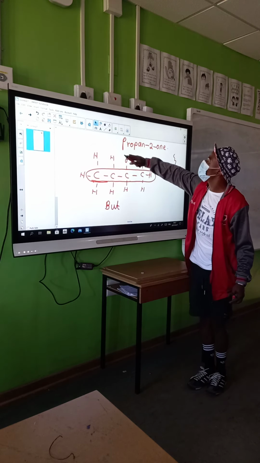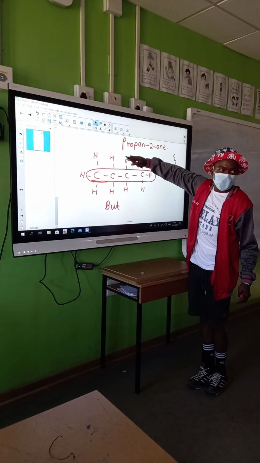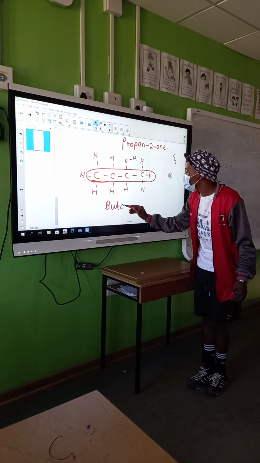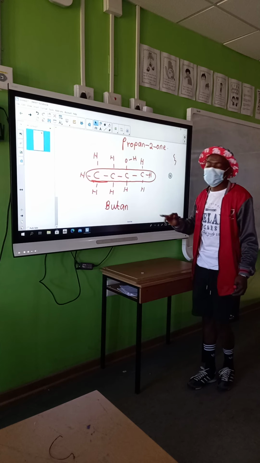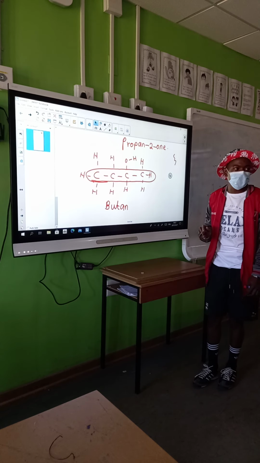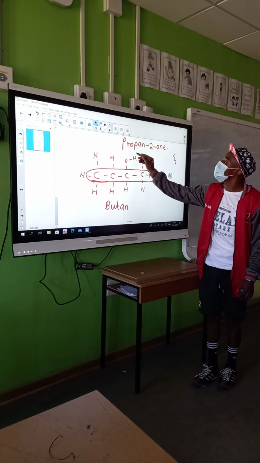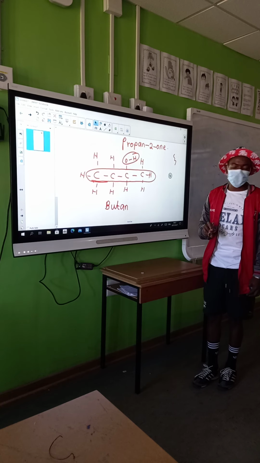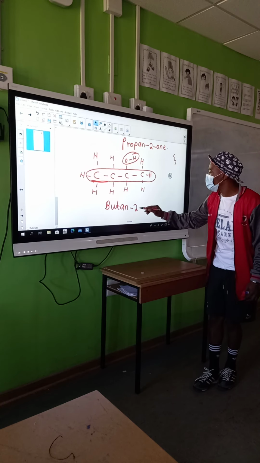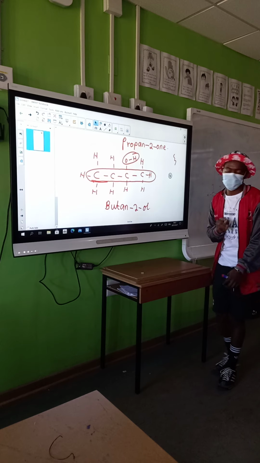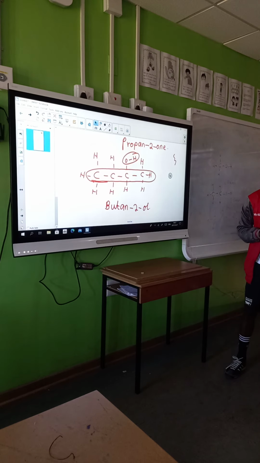If this was not OH but H, it was going to be butane. So don't write the E. Instead of the E, indicate the position of OH: dash 2 dash ol. So instead of just putting H, you put OH. Then it's an alcohol.